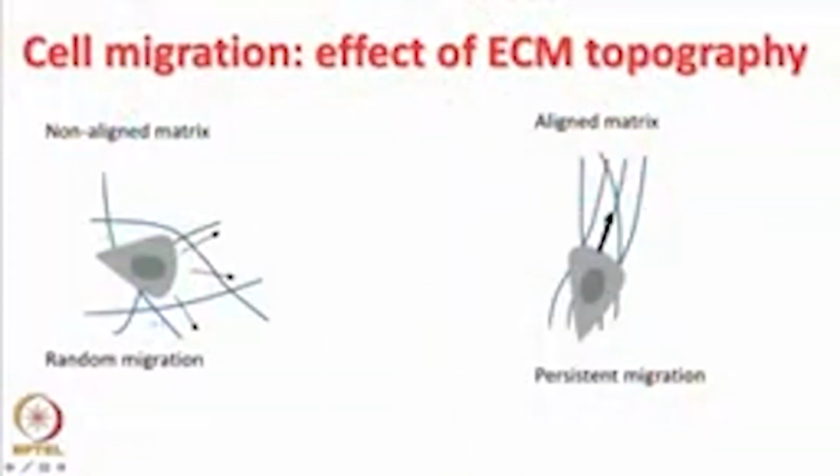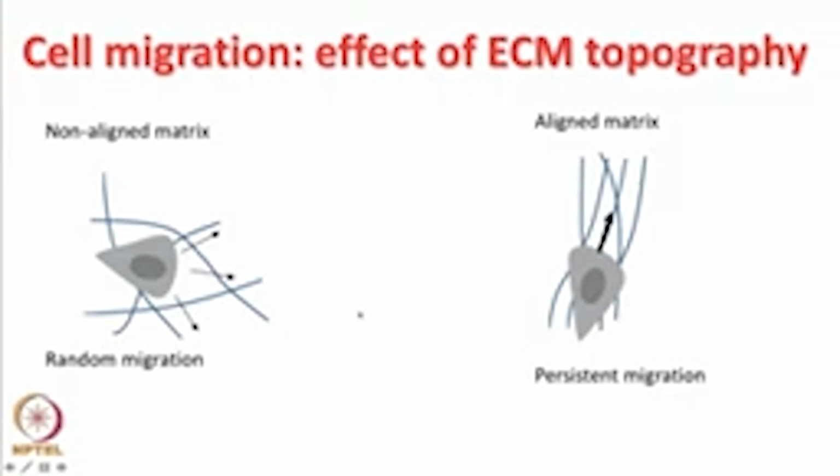What you see here is a cell migrating on a non-aligned matrix, in which, in the absence of any other directional cue, the cell is going to exhibit random migration, versus in this matrix, where these fibers provide a directional cue, as a consequence of which the cell tends to migrate along one particular line.